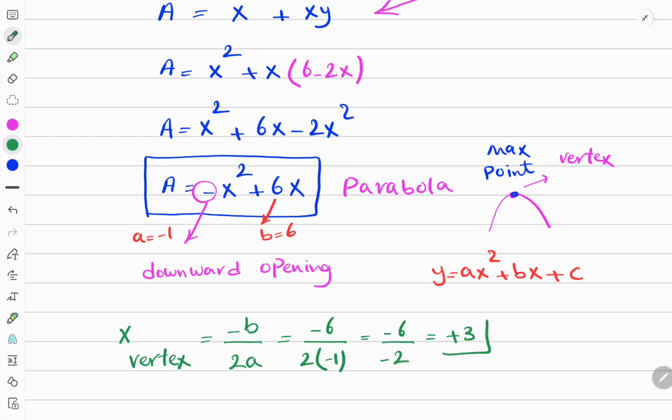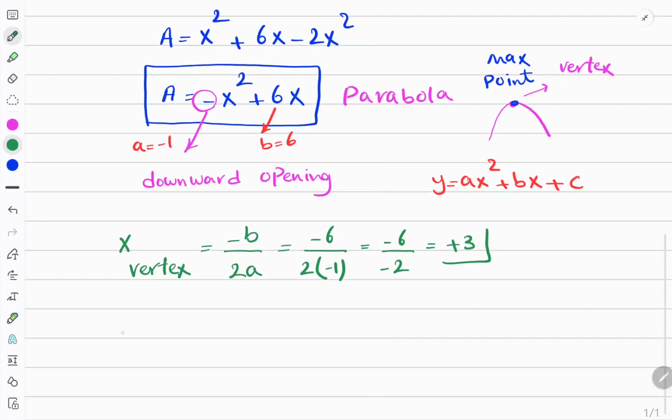But we are looking for the y value. For finding the y value of the vertex, which gives us the maximum area of the figure, we have two strategies. The first one is substituting the x value into the equation, and the second way is using another formula, which is negative b squared minus 4ac over 4a.